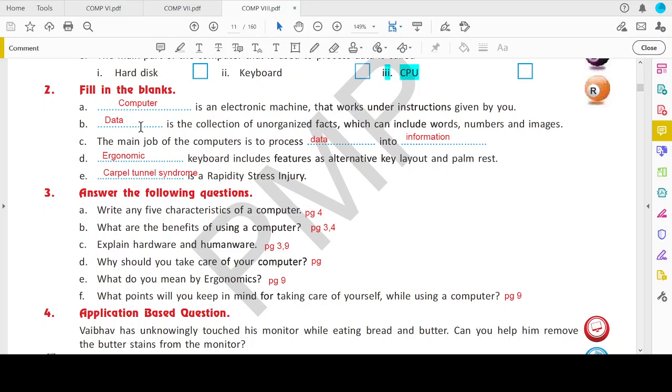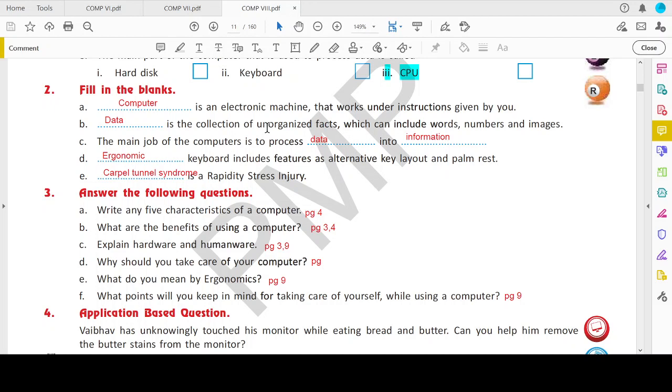Next. Dash is the collection of unorganized facts which can include words, numbers, and images. The collection of unorganized facts which include words, numbers, and images is data. Whenever it is said unorganized, the intent of the question is to tell you that it is not processed by the processor.